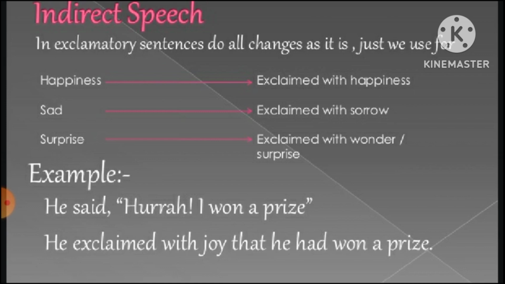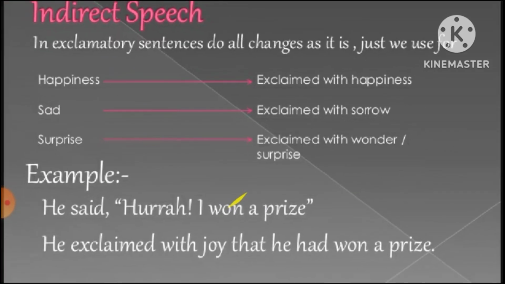As you have studied, in assertive sentence, that is used as a connector, in the same way here in exclamatory sentence there is also use of that as a connector whenever changing it into indirect speech. So one example I am presenting here in the slide.